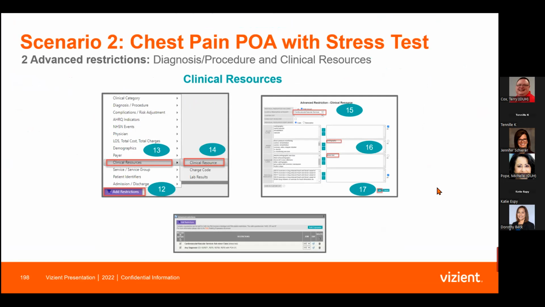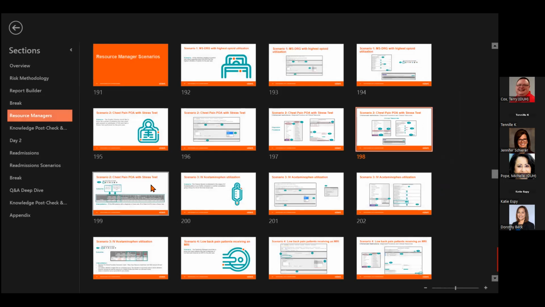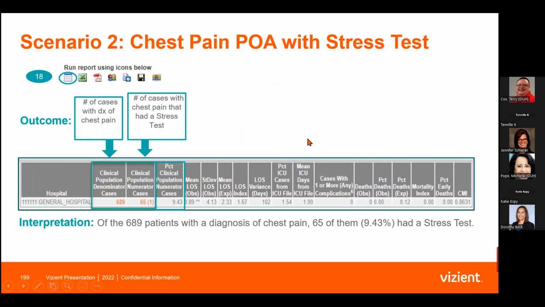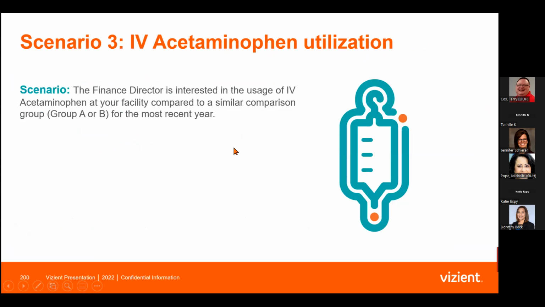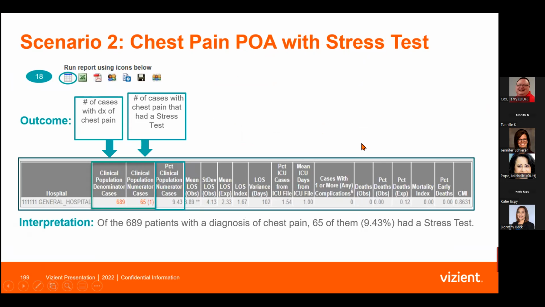And then it will tell you the denominator cases. The first column will tell you those patients that had chest pain, right?